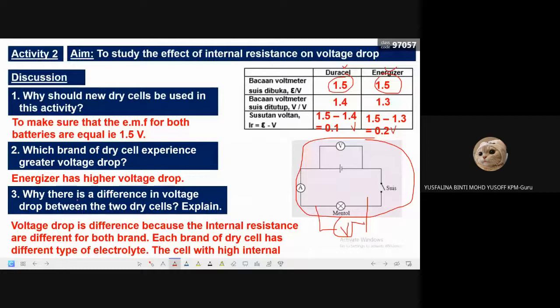So why is there a difference in voltage drop between the two dry cells? Explain. Okay, so why does the voltage drop? The voltage drop is different because the internal resistance is different for both brands. So actually, this is connected to the chemistry, right? You already learned to make a simple electrolyte, right?